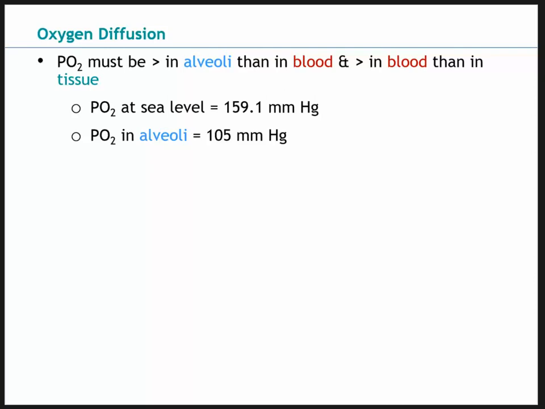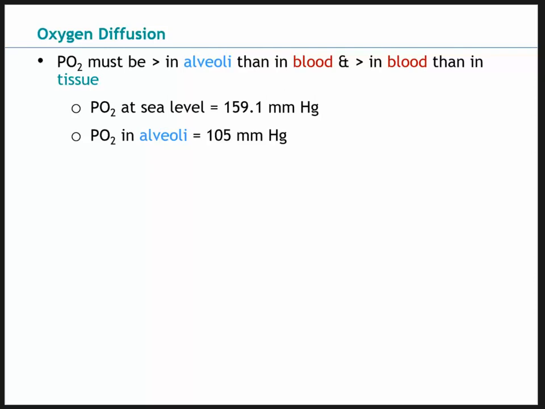It has about 14.5% compared to 20.9% in atmospheric air. Why is this? It's because oxygen is diffusing from the air within the alveoli into the blood, so the pressure of oxygen in that area is lower. All right, so sea level to the alveoli.